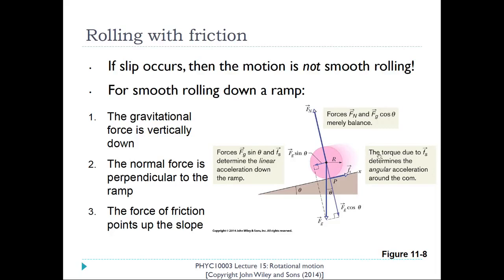So the torque due to the static frictional force determines the angular acceleration around the center of mass. Therefore, our force Fg sine theta, in this direction, and the static frictional force in the opposite direction determine the linear acceleration down the ramp itself.